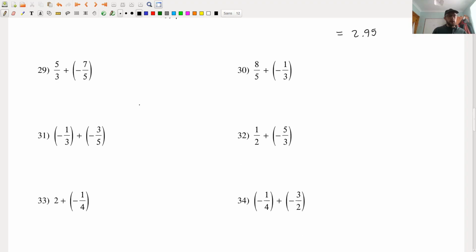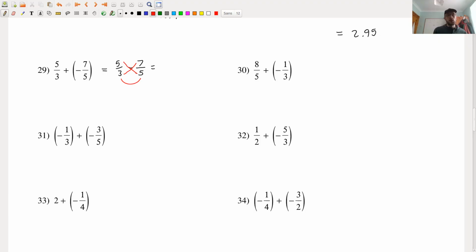Okay, looks like they're asking us to add fractions. This here, just clean up this and notice that it's 5/3 take 7/5, and then applying the fraction subtraction algorithm, we know to do 5 times 5 take 3 times 7 all over 3 times 5.